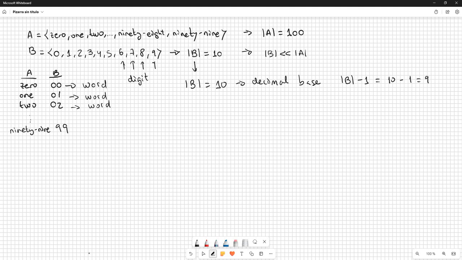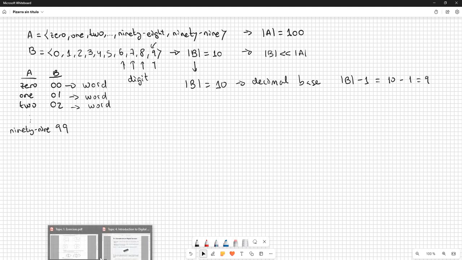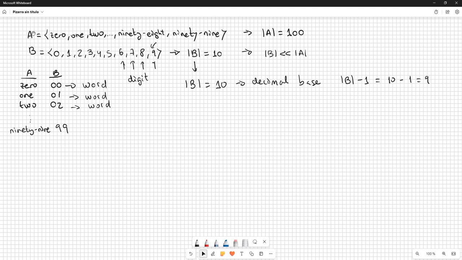That is 9, you can check that it is the highest digit. I think that it is really easy to understand. And we can apply this to other kinds of alphabets and other kinds of sets with different symbols.